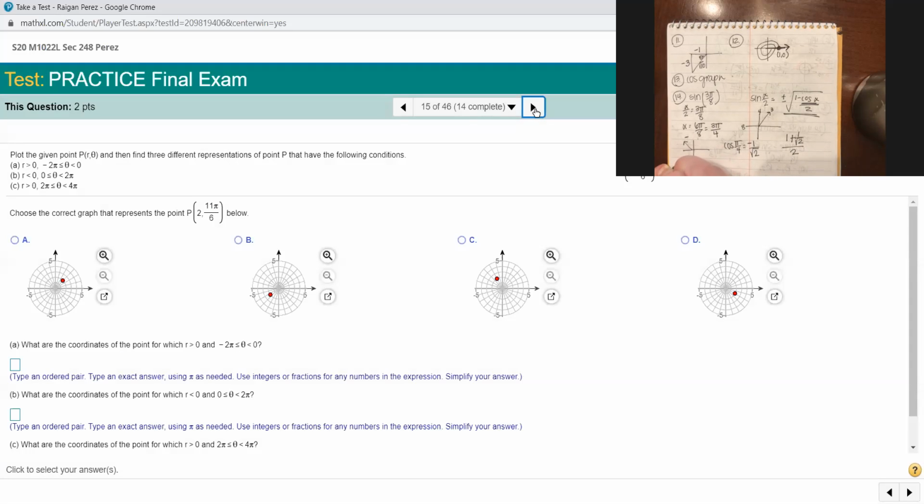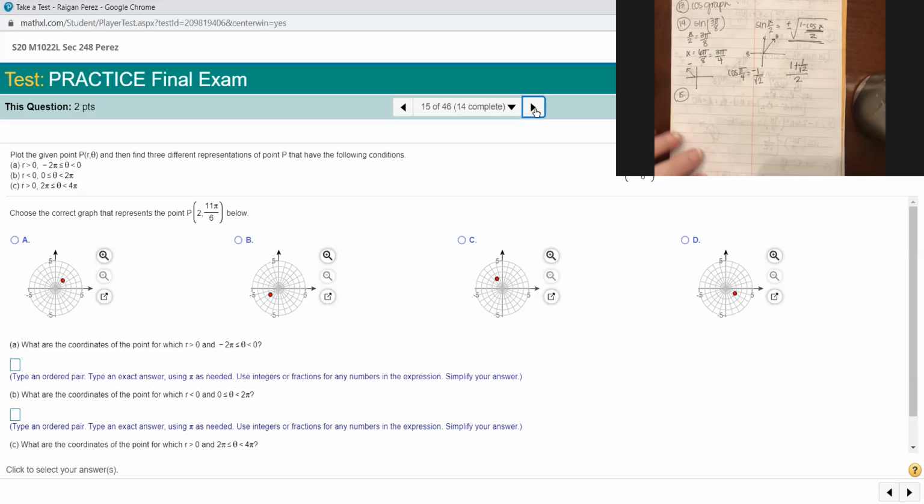Okay, number 15 is with polar coordinates. So we got 2 and 11 pi over 6. So where does 11 pi over 6 land? So if we're talking about 6 all the way around would be 12. So 11 is going to be right here. Okay, and because my 2 is positive, I want the one that lands in quadrant 4, which I'm guessing is D. So D for that one.